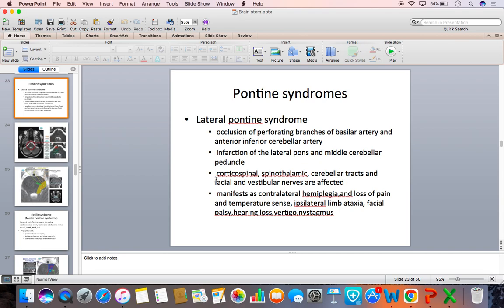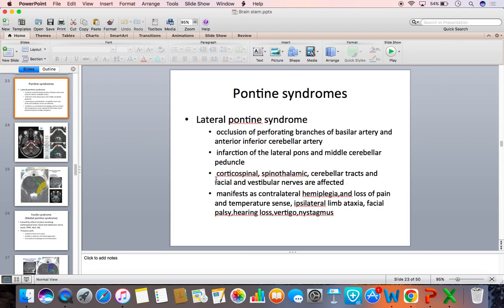This results in contralateral spastic hemiplegia with contralateral hemianesthesia because of the involvement of the spinothalamic tracts, and also contralateral loss of pain and temperature sense, and ipsilateral limb ataxia along with the ipsilateral facial and eighth nerve palsy, with hearing loss, vertigo, and nystagmus.